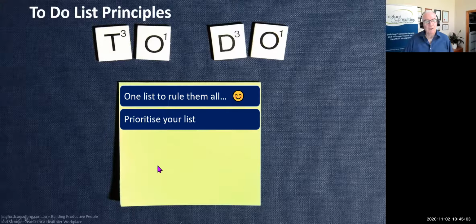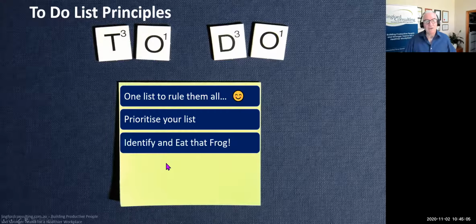I understand. So prioritize your list, and I'll show you how to do that really easily in Outlook. One thing, and this is not necessarily Outlook specific, is to identify and eat the frog. Brian Tracy talks about identifying your frogs, and he doesn't mean your chocolate caramel frog.